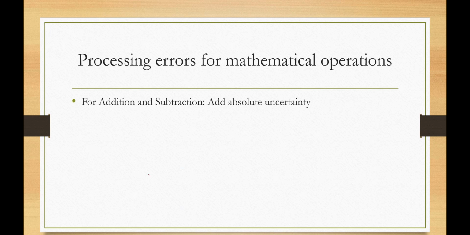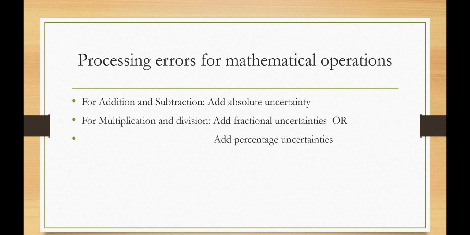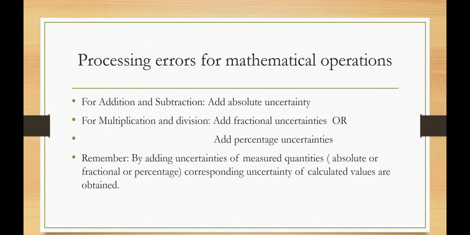That is, for addition and subtraction, the absolute uncertainties of individual quantities are added, whereas while doing multiplication and division, we work with fractional uncertainties and percentage uncertainties. Remember, by adding uncertainties of measured quantities, corresponding uncertainty of calculated values are obtained.